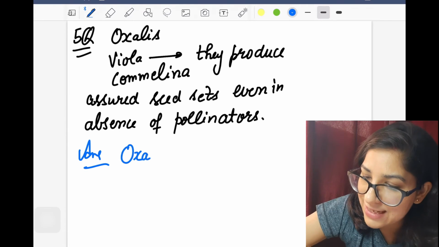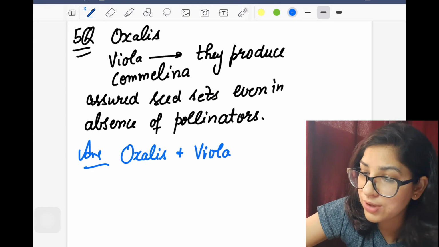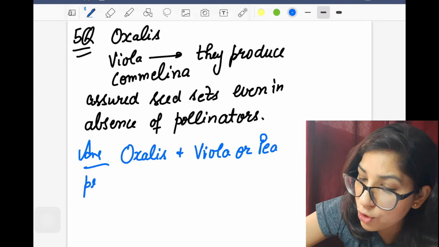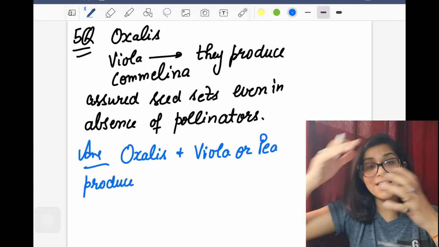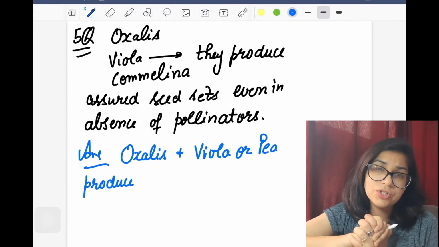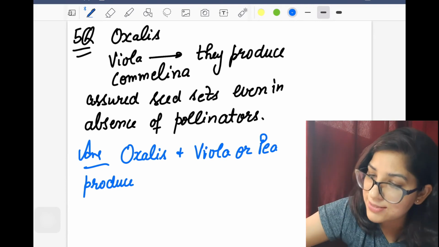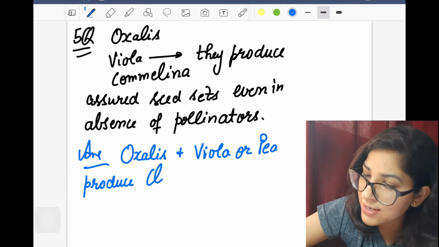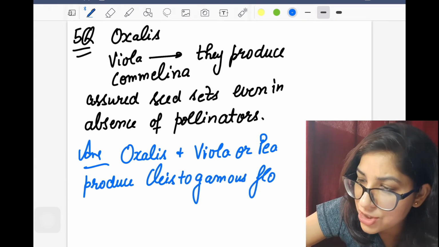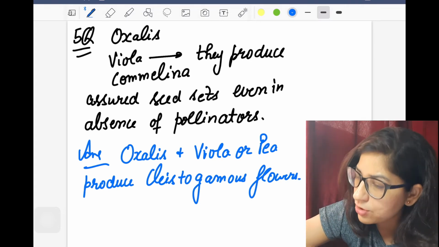Children, oxalis and viola, or sometimes they give another name also. They produce which kind of flowers? Since assured seed set is written, you should mention Cleistogamous flowers, in which anther and stigma are present very close to each other.